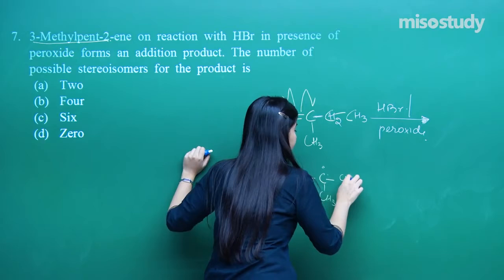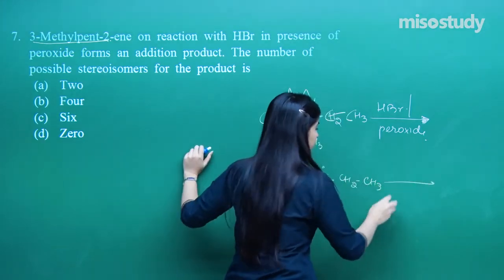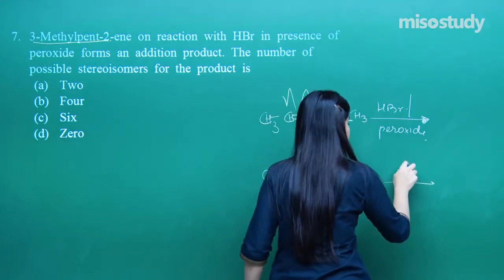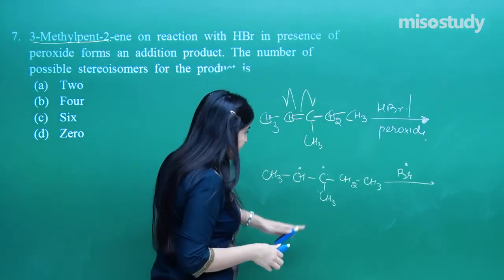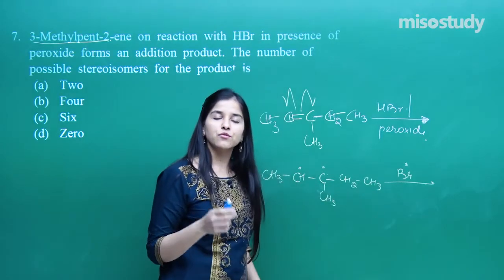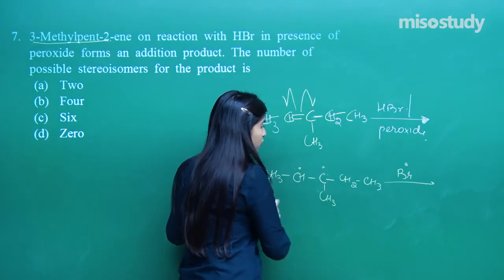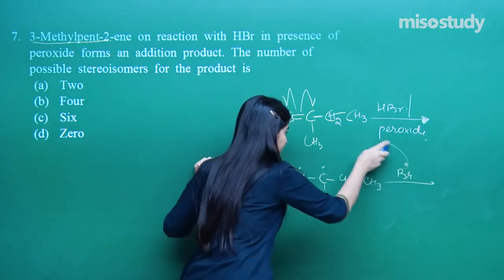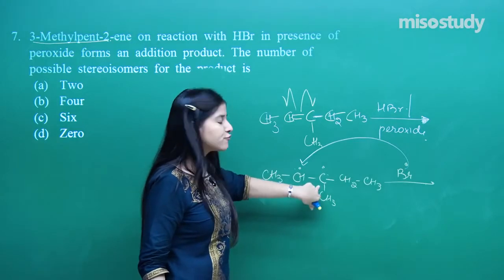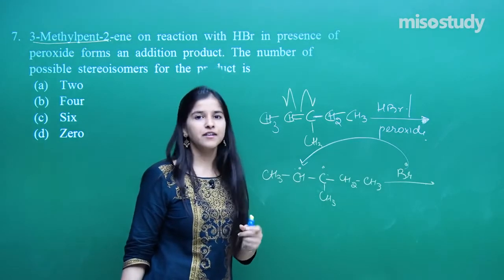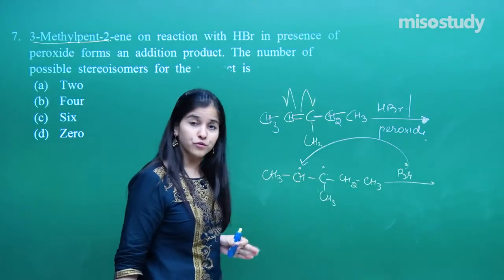That is what we are getting after the splitting. And what else? I've got a Br free radical. So where does the Br free radical get attached? It gets attached onto that very carbon which is highly substituted. So out of the two, which one is highly substituted? It is this very carbon, resulting in the formation of a tertiary free radical, which will be most stable. So that is what our approach will be.